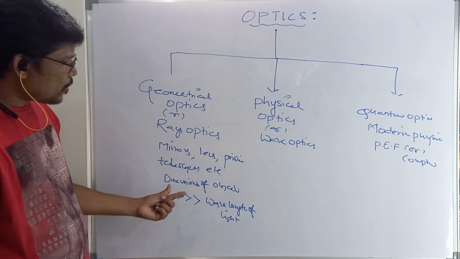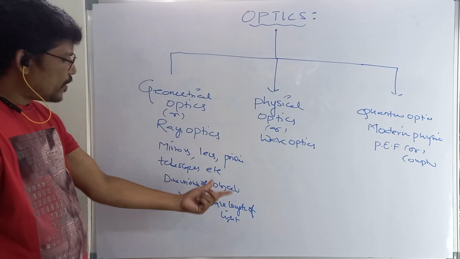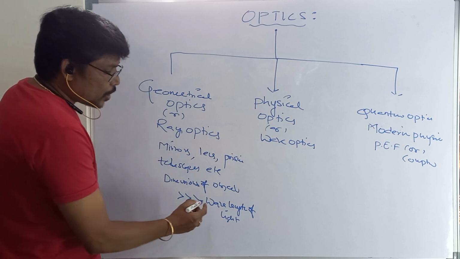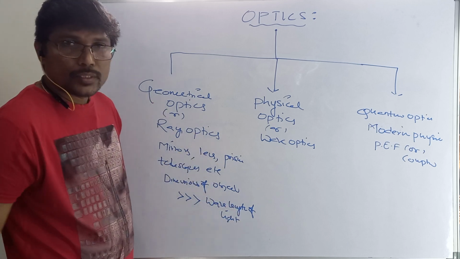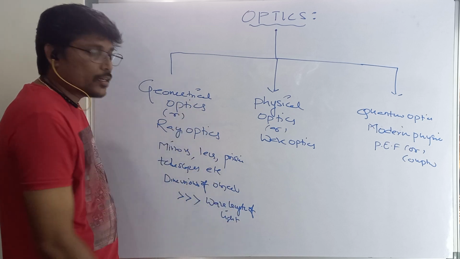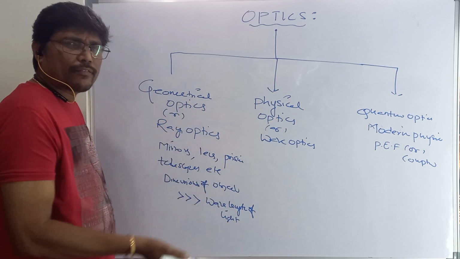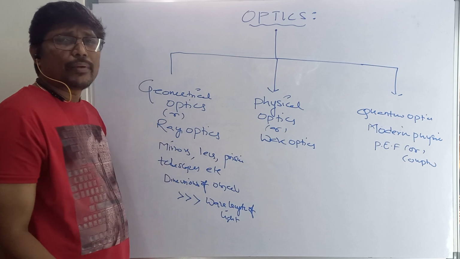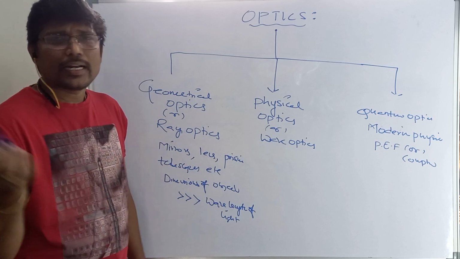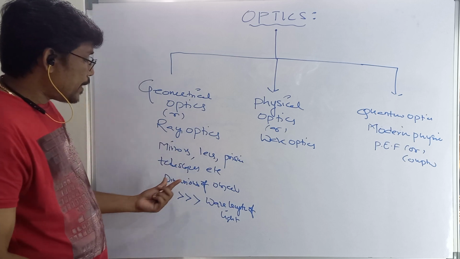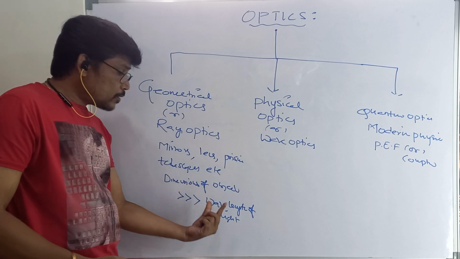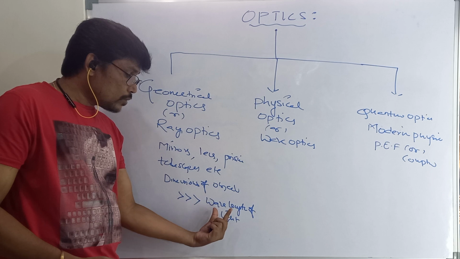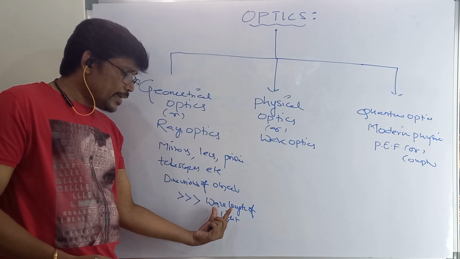So what is the meaning of it? Generally, the characteristics of light include wavelength, frequency, time period, amplitude, and so on. In this case, because the dimensions are bigger compared to the wavelength of light, the wavelength is negligible.